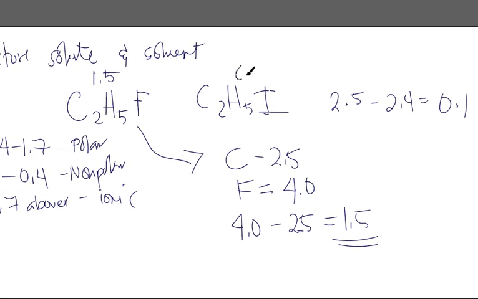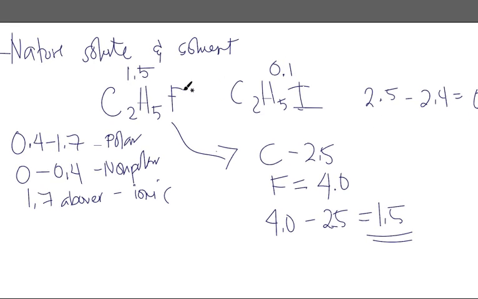So, looking at these two, 1.5 is here, while 0.1 is here. Therefore, this one is polar. You have to find which of the two is more soluble in water.